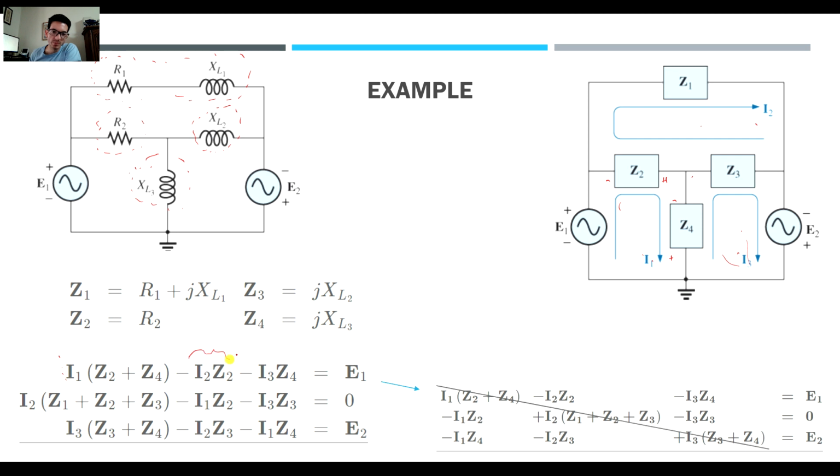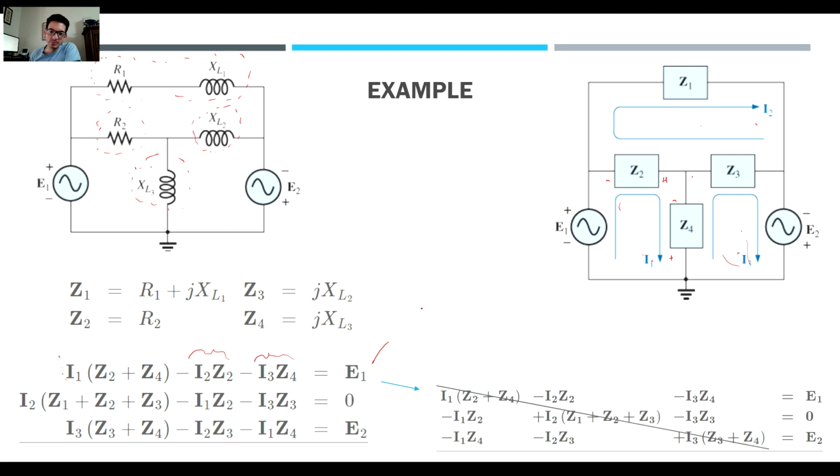This is true. And then the contribution because of load 4 also has a contribution of I3, and since it's plus minus, then it's negative I3 Z4, right? And I1 is positive. The first equation does seem correct.